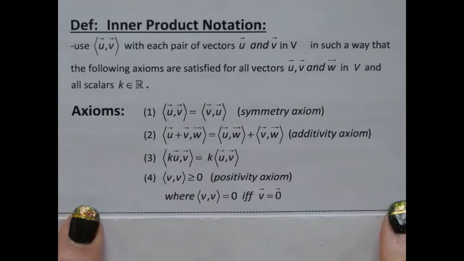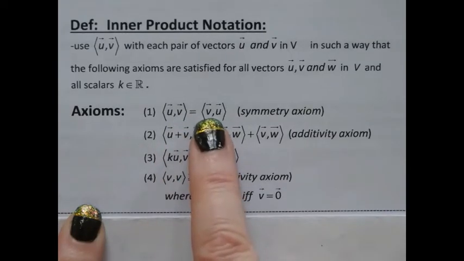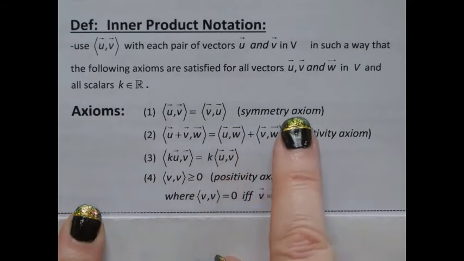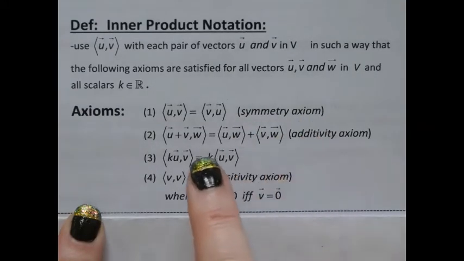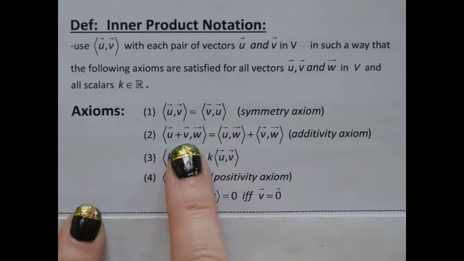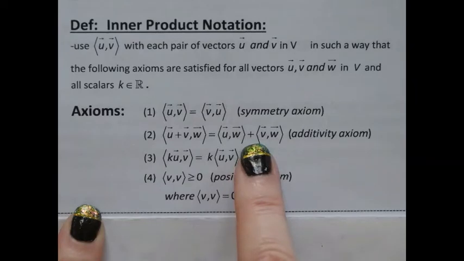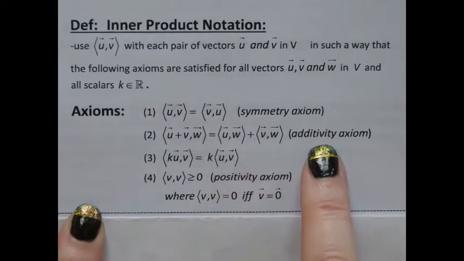Here are our 4 axioms. The inner product of u and v is equal to the inner product of v and u. It's a symmetry axiom. It's no big deal. We have the inner product of u plus v, comma, w, is equal to u, comma, w plus v, comma, w, additive axiom.